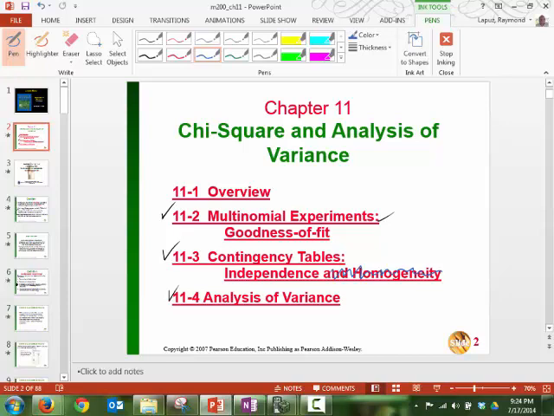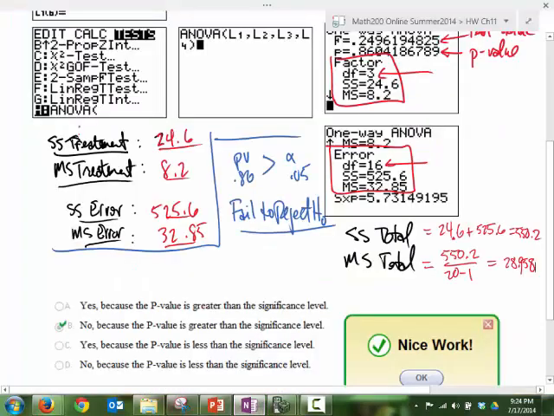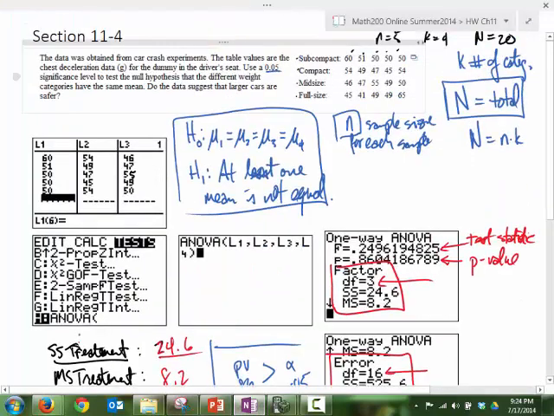For all these examples that we were doing, we have "test the claim that..." or "use a significance level to test the null hypothesis that the different weight categories have the same mean." That's your claim in words.